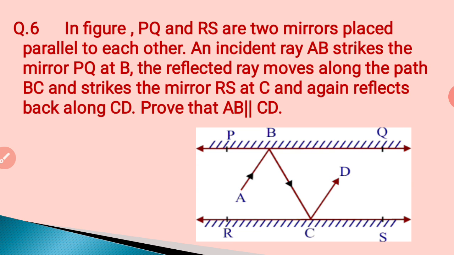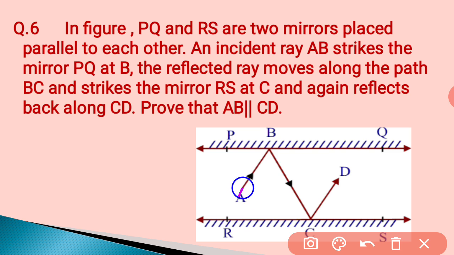Now the next question is regarding two mirrors which are placed parallel to each other, facing each other also. You have two mirrors PQ and RS facing each other and parallel. There is this AB, which is the incident ray.